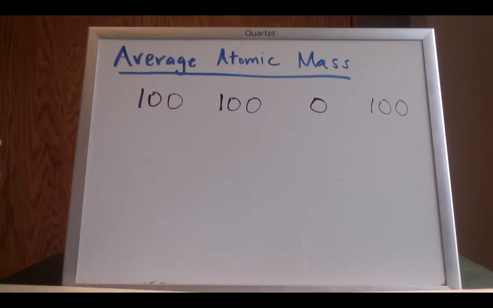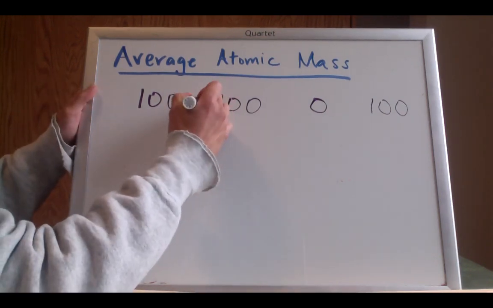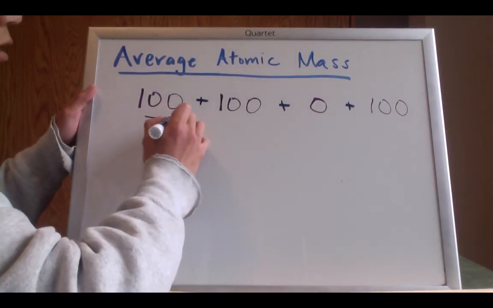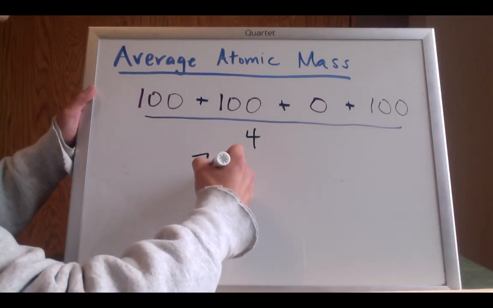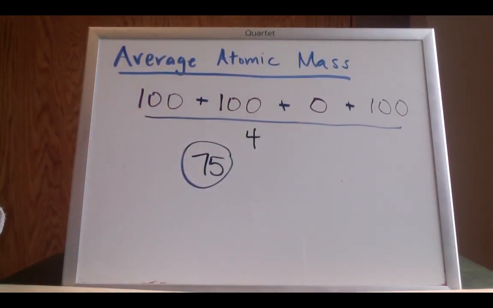Now we could take the average of these like how you normally would. We would add these all up, 100 plus 100 plus 0 plus 100, and then divide by 4, and we would get an average of 75, because that would be 300 divided by 4, 75.